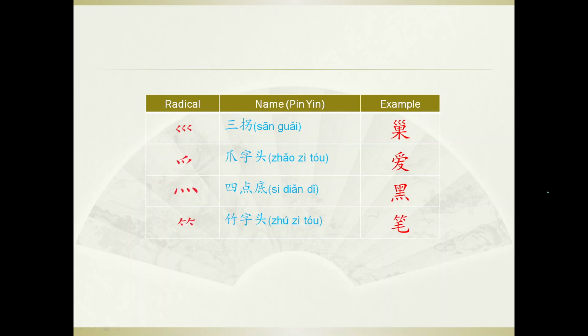Okay, now the last set of radicals today. The first one, 三拐, 3 turn. This radical has 3 almost identical components. You can write each component as a left bracket. Let's write it.